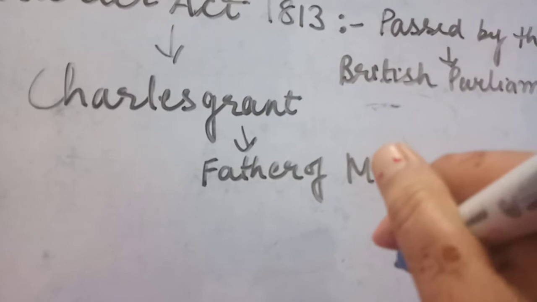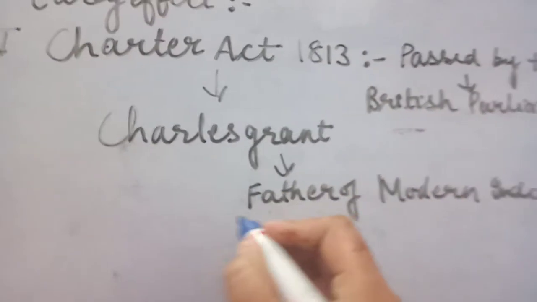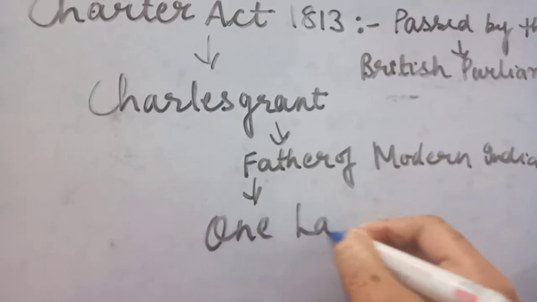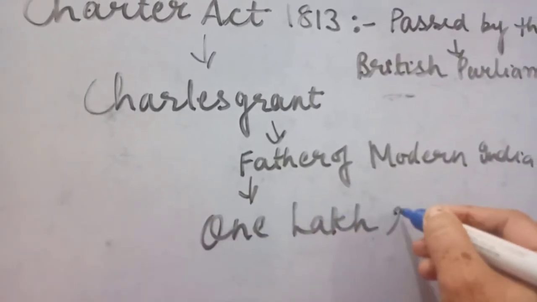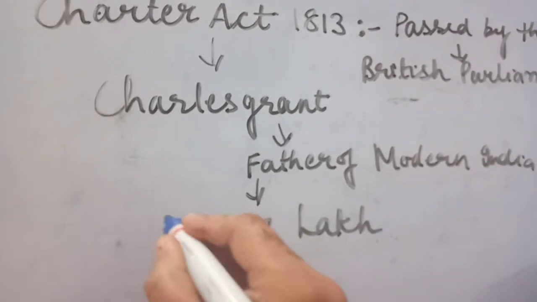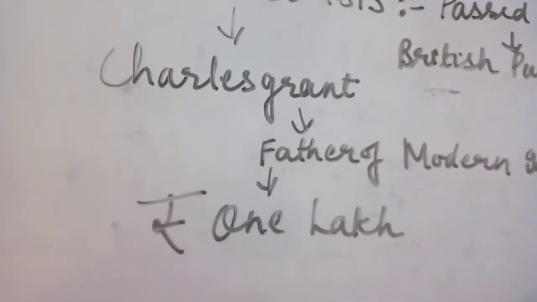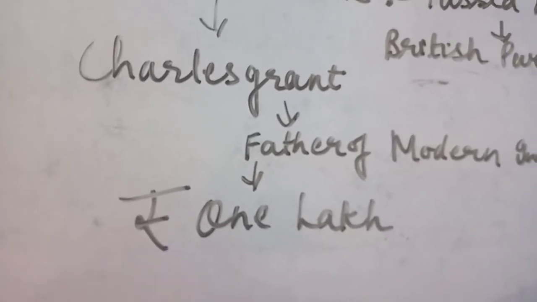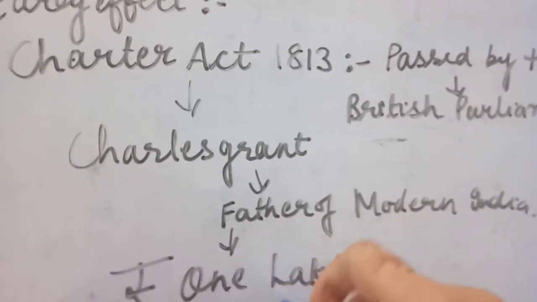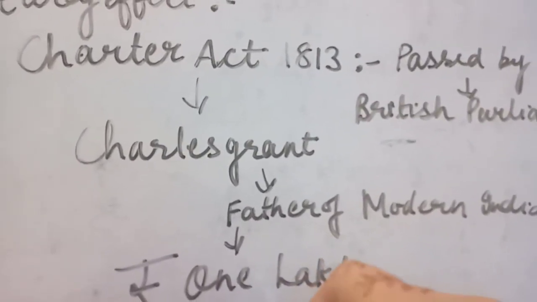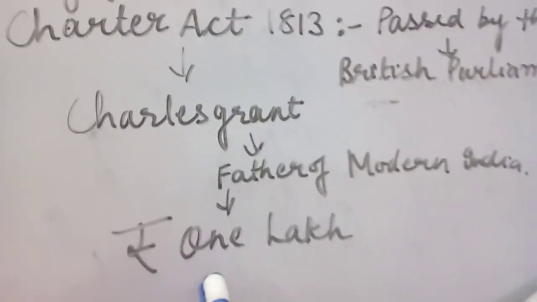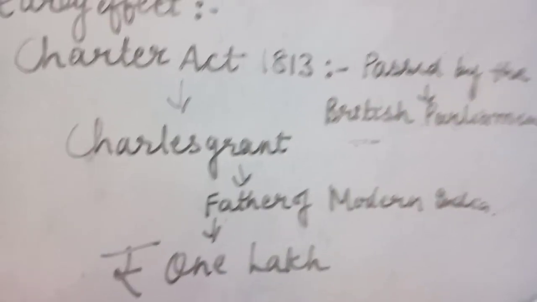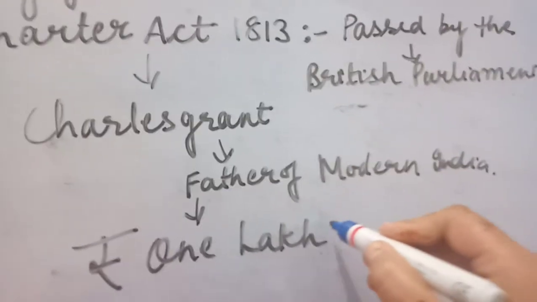sanctioned an amount of 1 lakh rupees annually for the spread of education, for the first time. It means there was a provision that the company should invest 1 lakh rupees every year on the education of Indians.